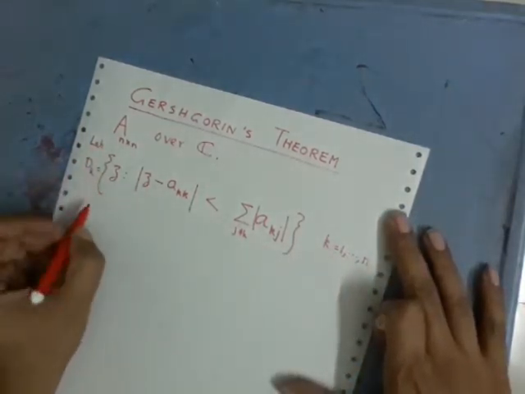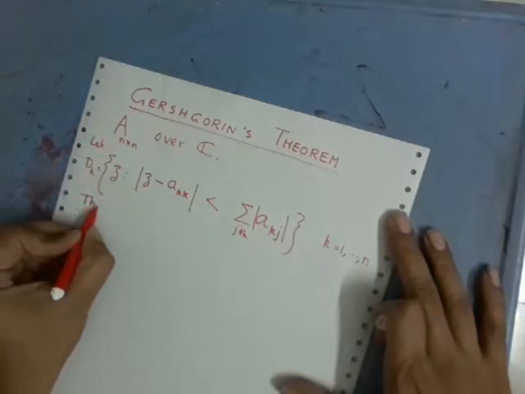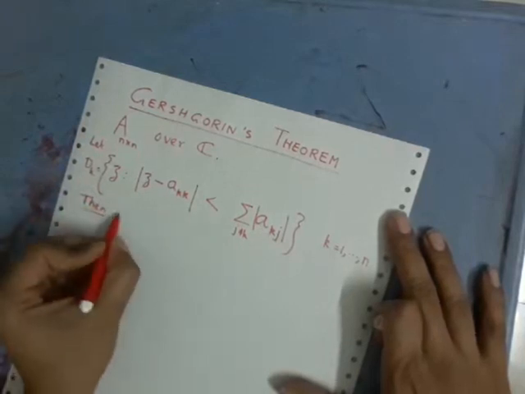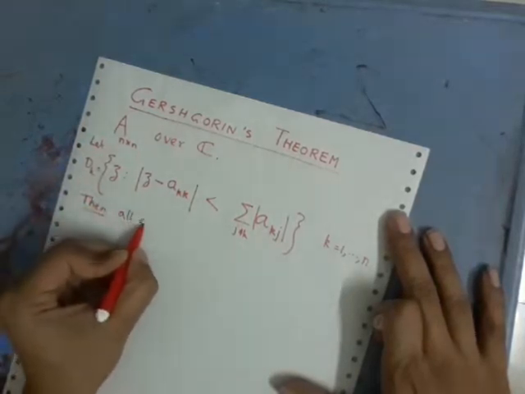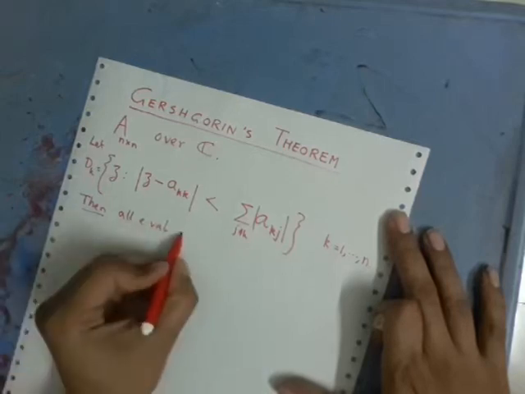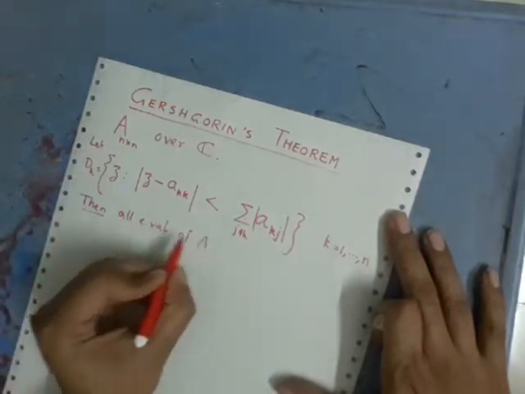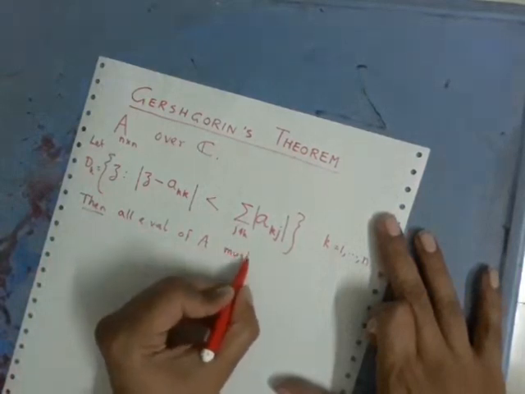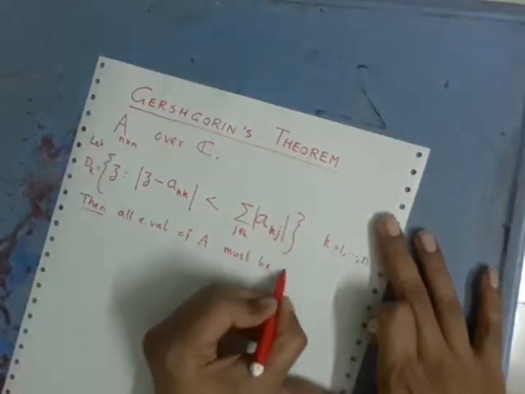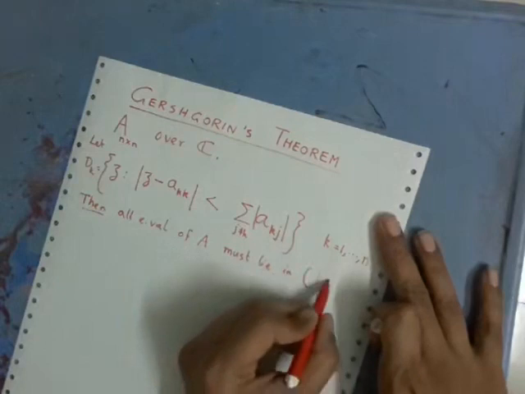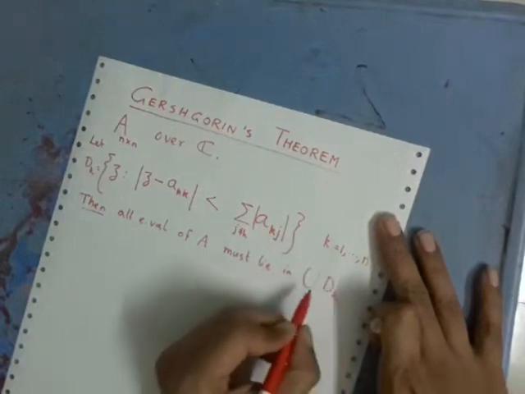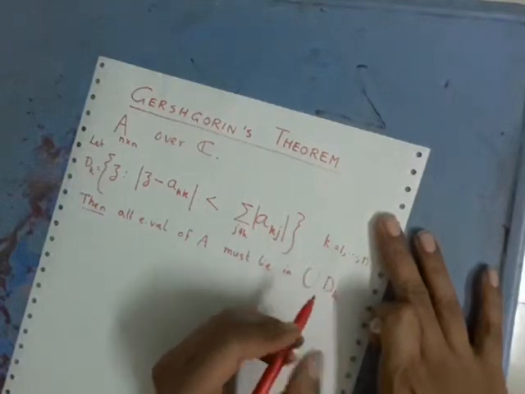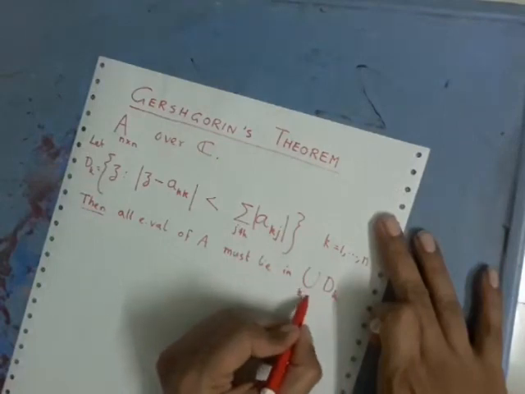With this setup, Gershgorin's theorem says that all eigenvalues of A, they are all complex numbers in general, must lie in the union of all these disks. There cannot be any eigenvalue lying outside this thing.